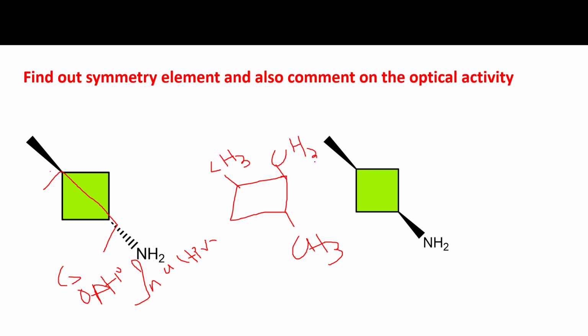In this case, this molecule is optically active because there will be no sigma plane. But this tri-substituted molecule will be like this. The 2-methyl is up.